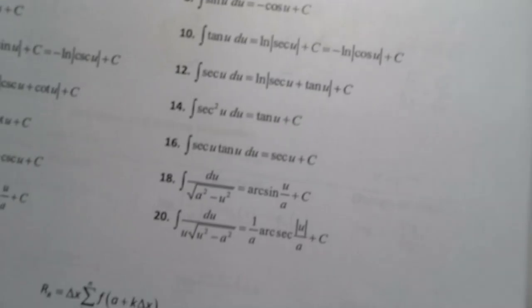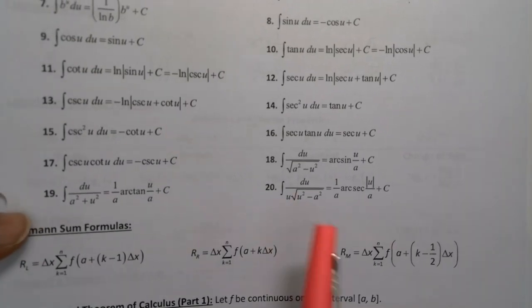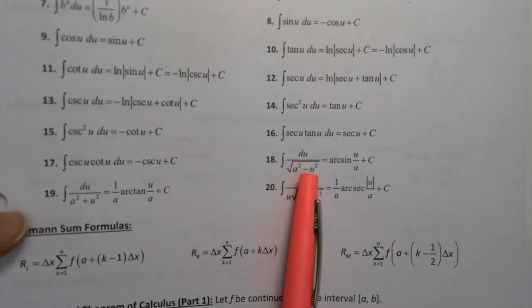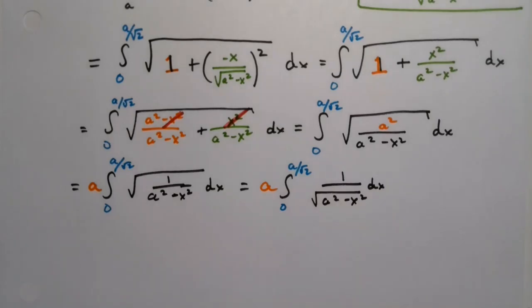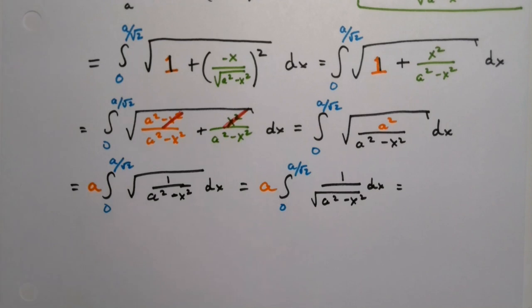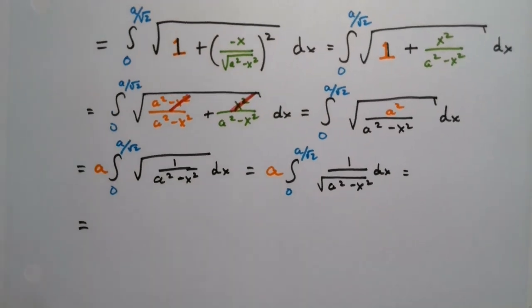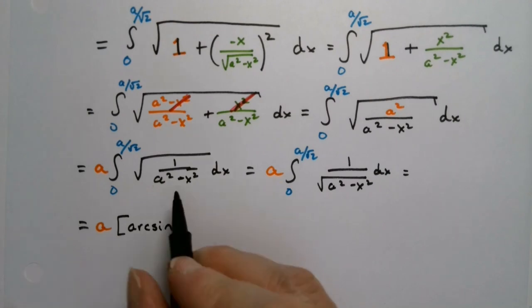So if I look at our sheet, looking familiar? So it's that one right there, right? Square root of a squared minus u squared. So in our case, u is x. So this is formula number 18. So this is equal to a, still out in front. Oh, actually, I'll put it in the next step because I'm actually taking the integral now. So this is a times the arc sine of x over a.